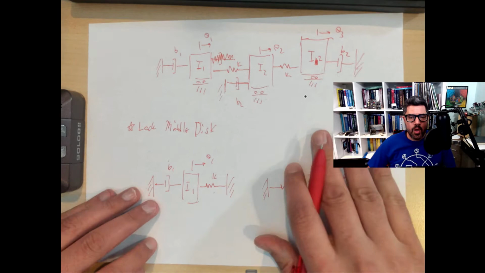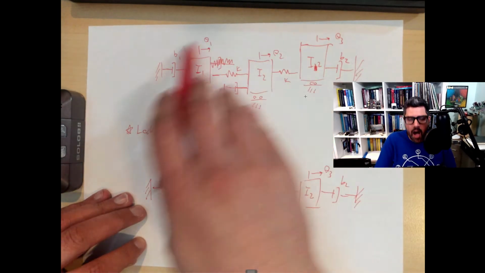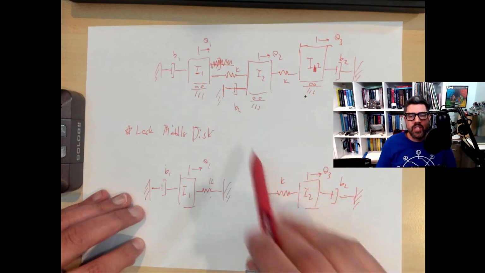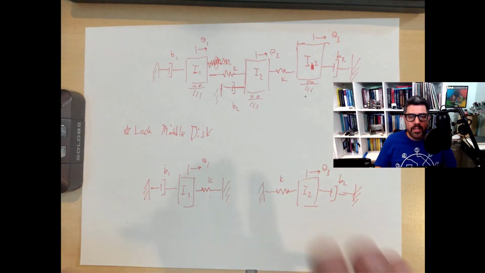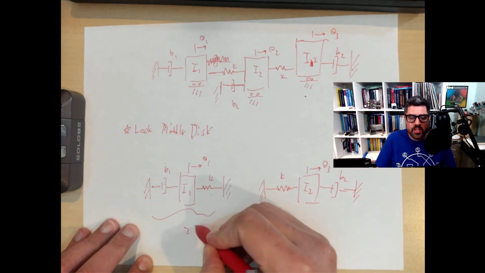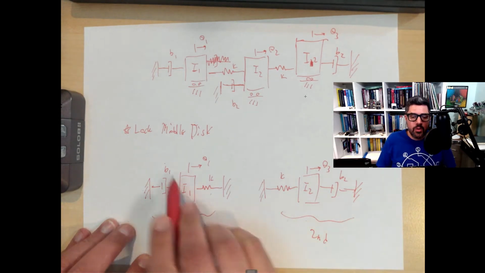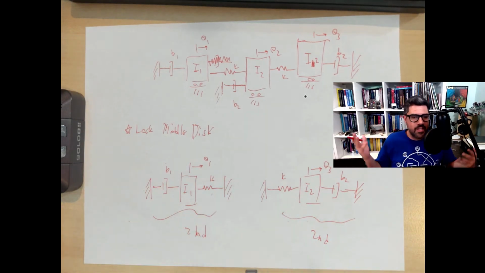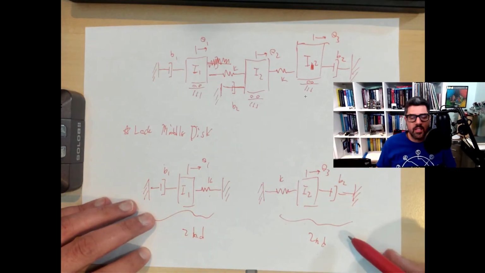So look at this. This is awesome. What did we just do? We just took three coupled second order systems, which makes a sixth order system, and we decoupled the system into two second order systems, totally decoupled. So I can do an experiment on this, which is a classic second order system, which we know a lot about. And this is a classic second order system.